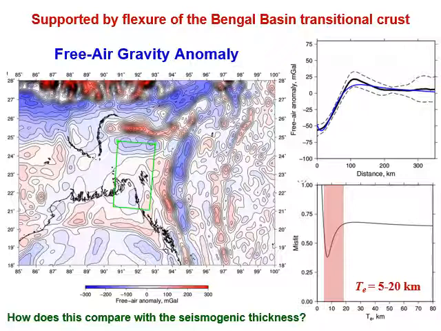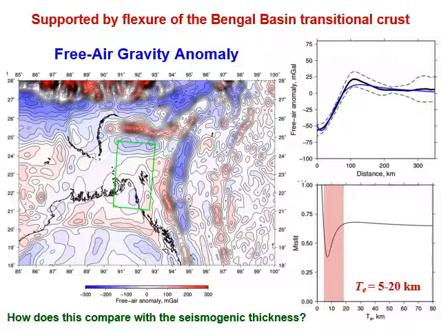So on the right top, what you see as the black line is the stacked gravity within this green box. What you see as the blue line is the fit to the stacked gravity data for an elastic beam with varying thickness, and the thickness is shown on the bottom right figure. So it goes from 0 to 80 kilometers.